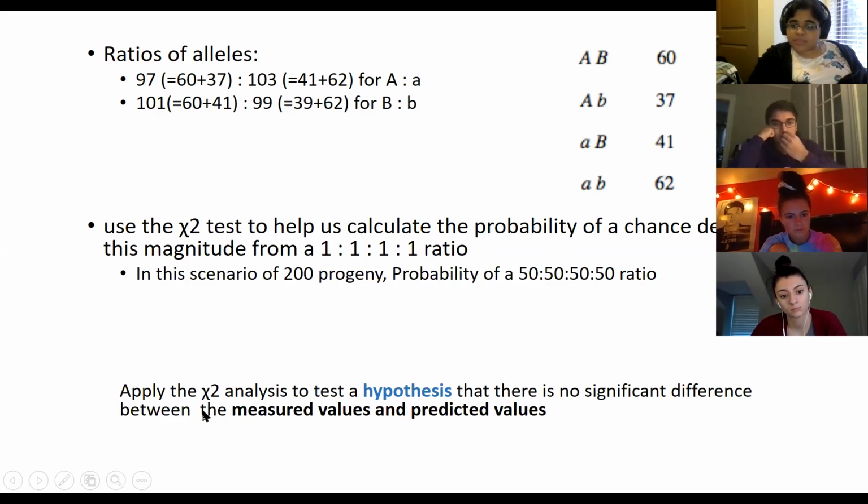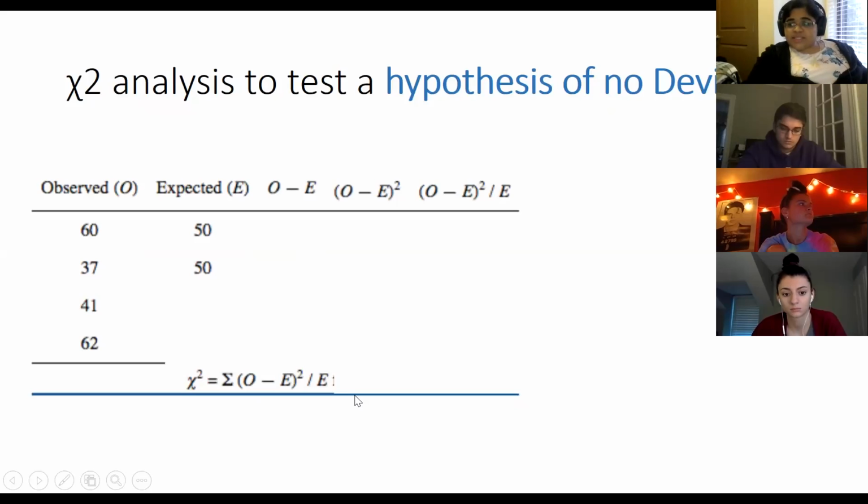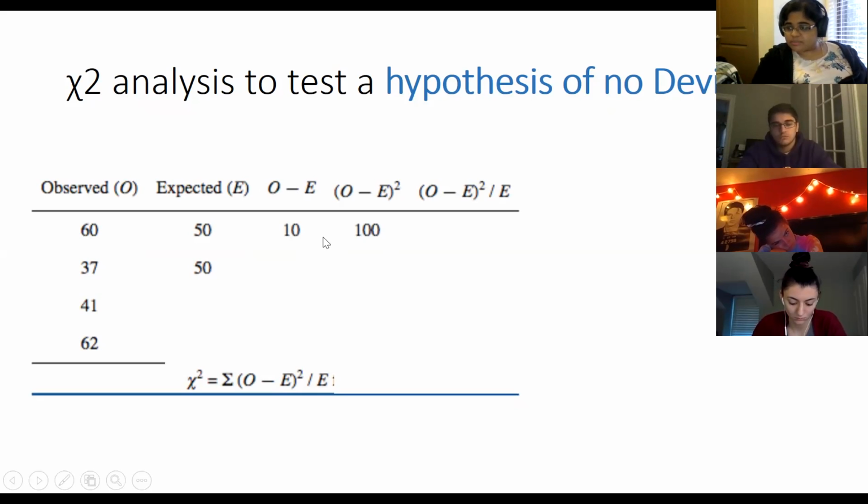The next step would be applying this test to test the hypothesis that there is no significant difference between the measured values and expected values. So observed versus expected. I won't make you do this out, but this is how you would calculate it, unless you have those fancy calculators that can do them all at once. Just be careful with your numbers and signs because that will throw you off a cliff.